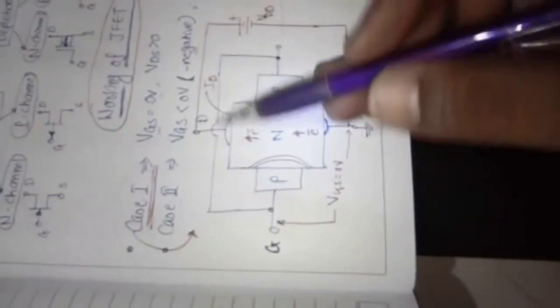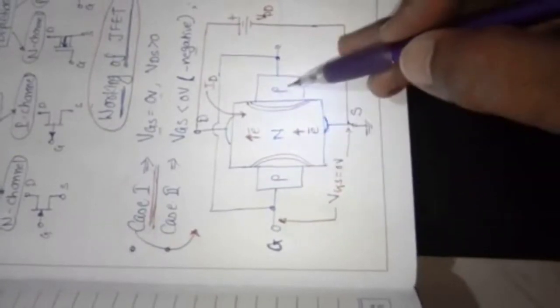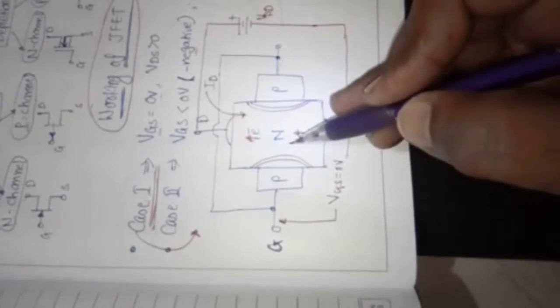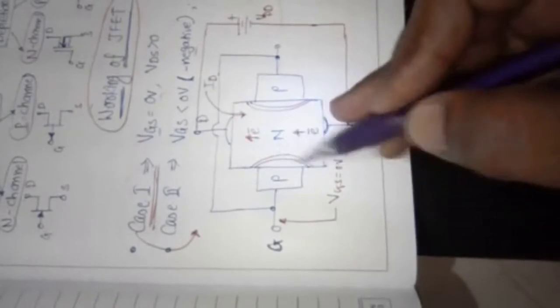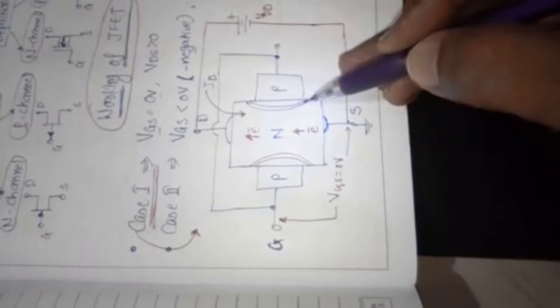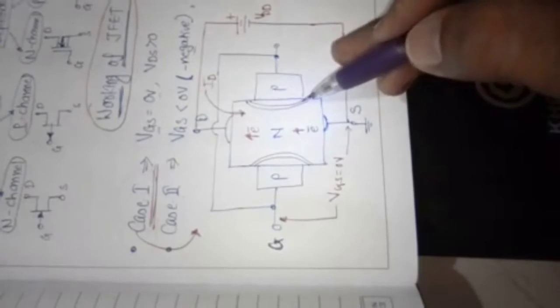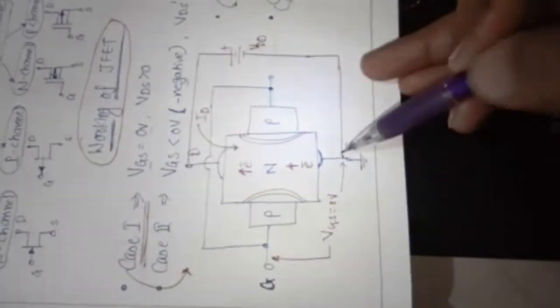This is the construction: n-channel with p-type material on both sides. The p-type and n-type materials together make junctions, here and here. This creates a depletion layer on each side. Now the voltage VD is applied between drain and source.